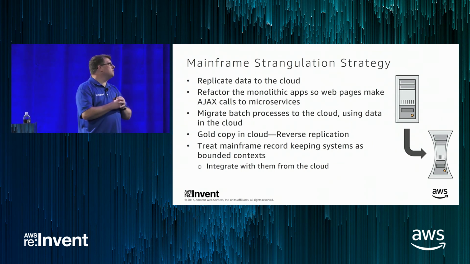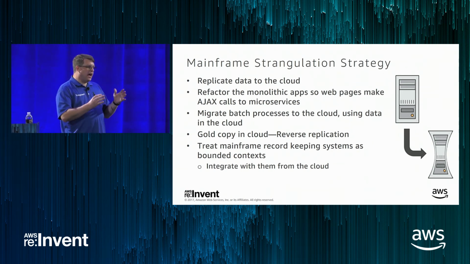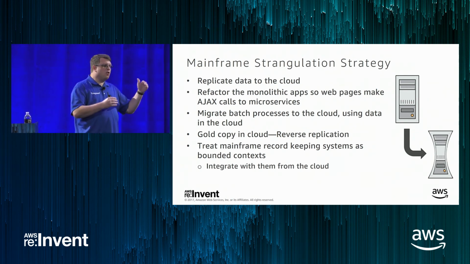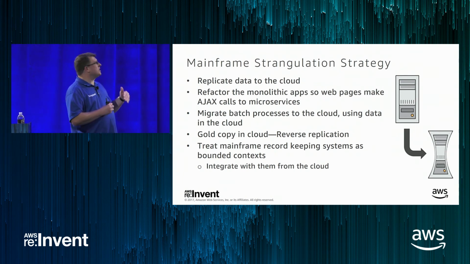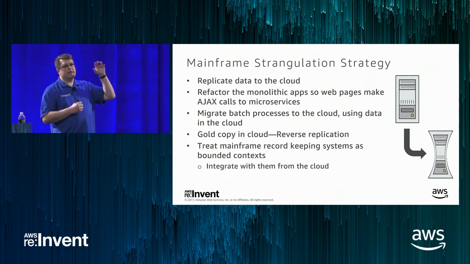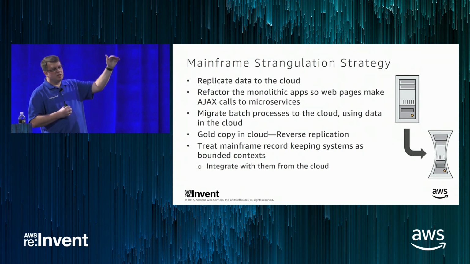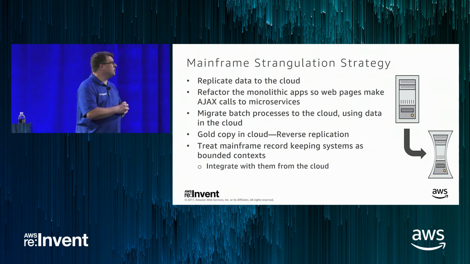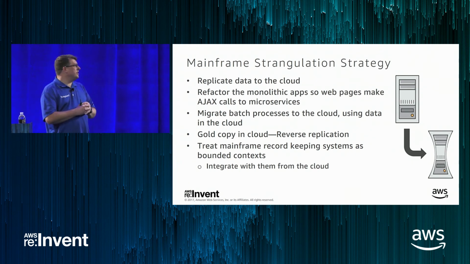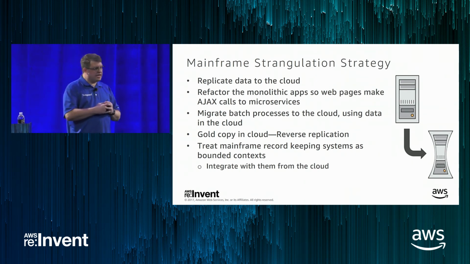But once we're able to move those batch processes out to the cloud and we're at the stage where a particular bounded context is no longer accessed within our on-prem database, then we can start to switch the replication so that we keep the gold copy of the data in the cloud and we push the data back down to DB2 should it be necessary to actually read it there. But everything's actually happening in the cloud.